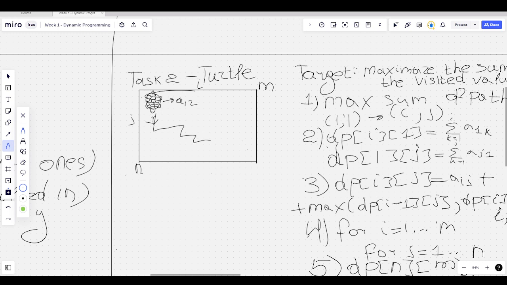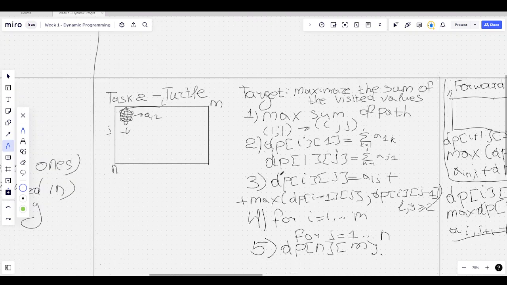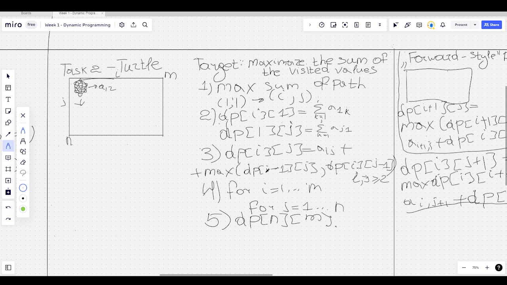The turtle can move like this or like this, and we will store the maximum sum, the maximum path. Okay, the second step is the base. What answers will be obvious?